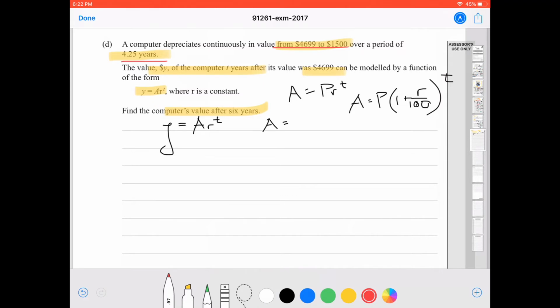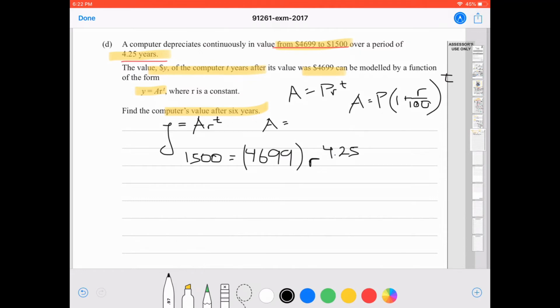So in order to find the rate, we have to firstly say, what have we got? 1,500 was our y, equals the initial, 4,699, times r. Now 4.25, we're finding r. That's raised to the power of 4.25.